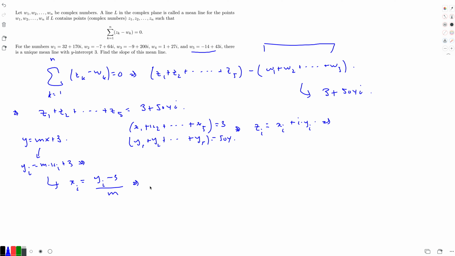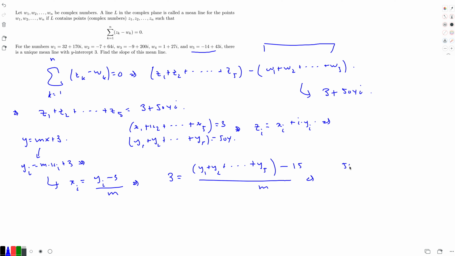And now I see straight away how we can find m. We just simply sum the xi's using this form, right? So x1 plus x2 plus x3 plus x4 plus x5 is going to be equal to 3. And that's equal to y1 plus y2 all the way until y5 minus this. How many times? Well, we're doing y1, y2, that's 5 times, so we need to subtract 15 over m. Okay, from this, what is the sum of the yi's?